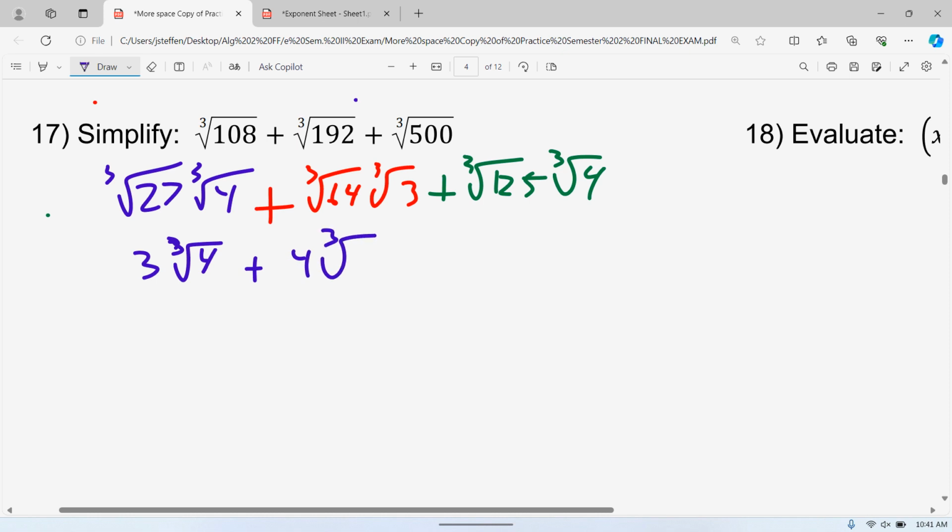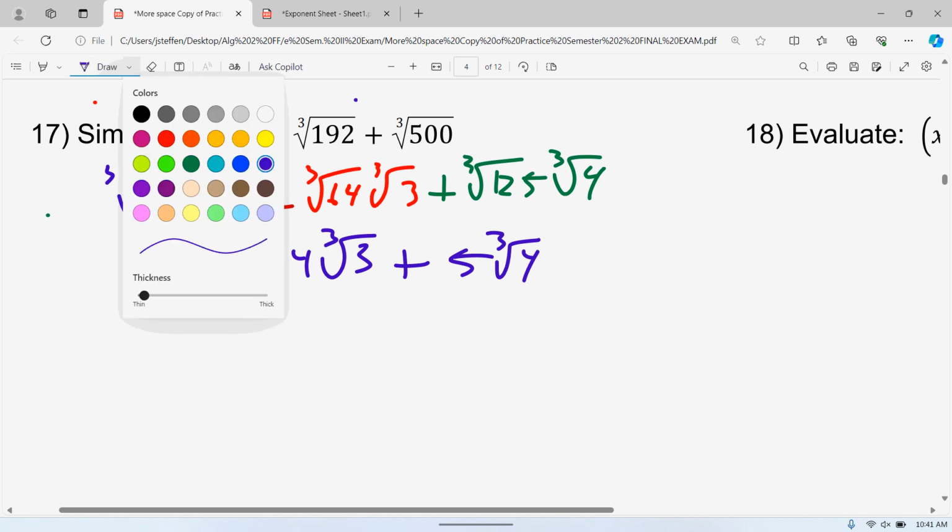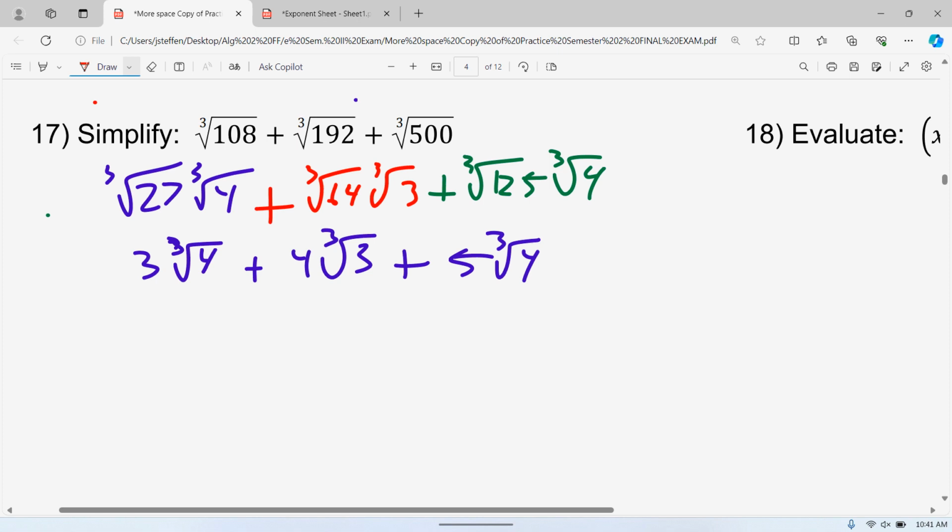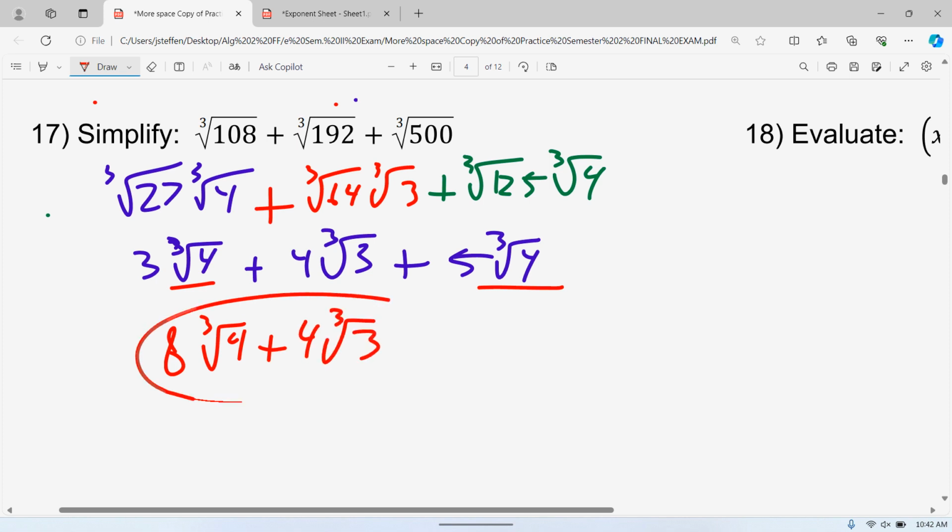And 5 times the third root of 4. From here, now we combine these, we add these together, but we can only do it if they have the same radicals. So 3 plus 5 is 8, and the other can't be combined with anything, plus the fourth root of 3.